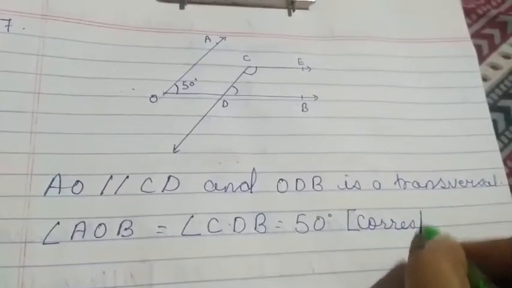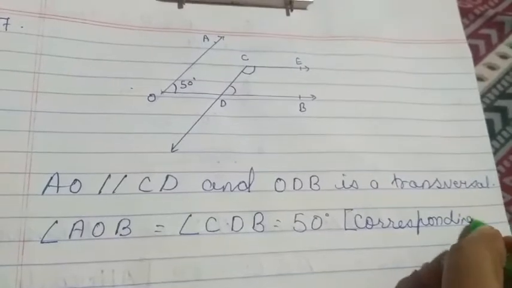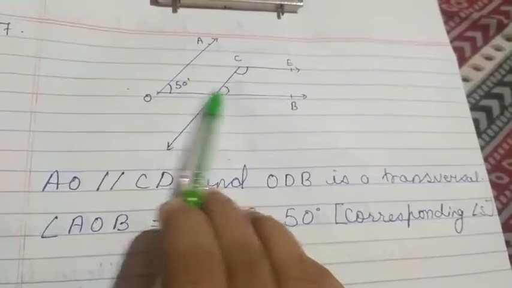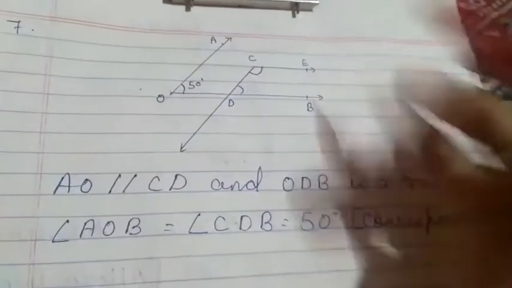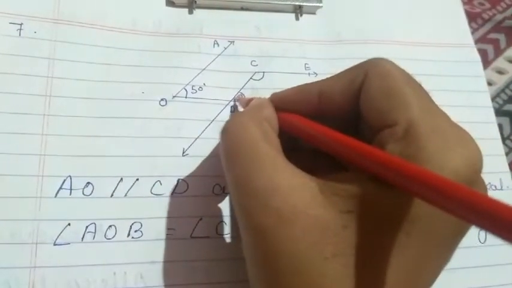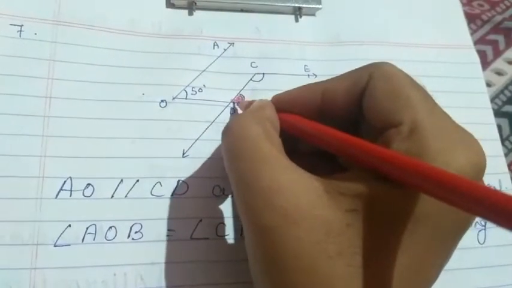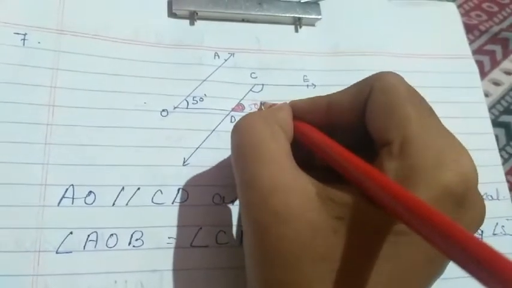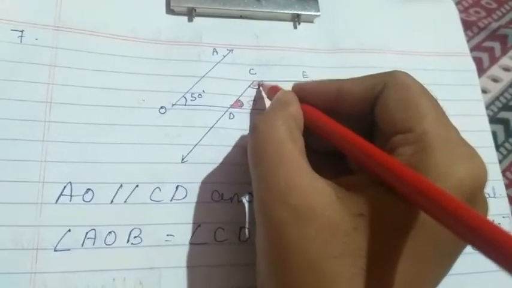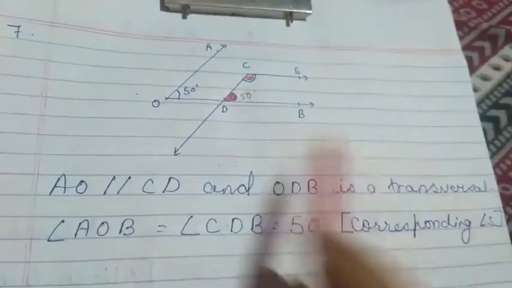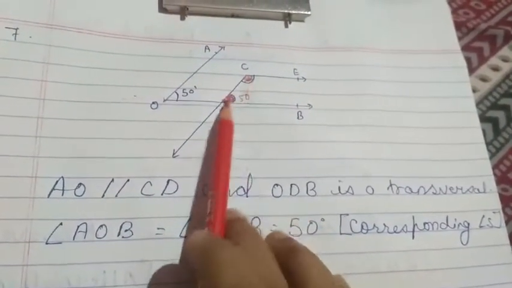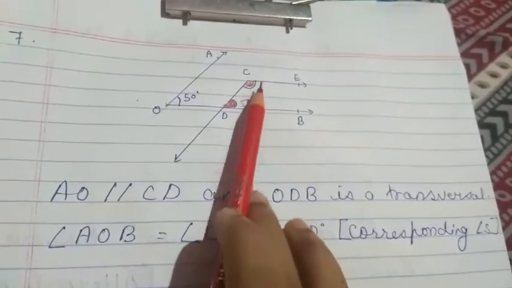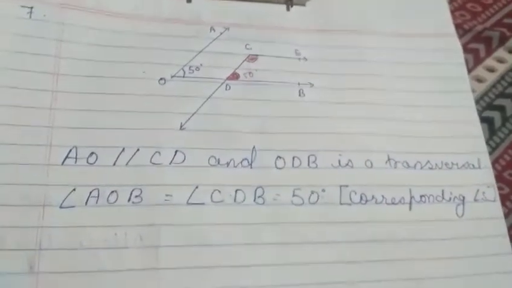Corresponding angles. Both angles are corresponding angles. Let me color it for a great visual. Now you got this angle 50 degrees and you have to find out this angle. Okay, so 180, because the sum of both angles is 180 degrees, so 180 minus 50 degrees, then this one means 130 degrees. Understood?